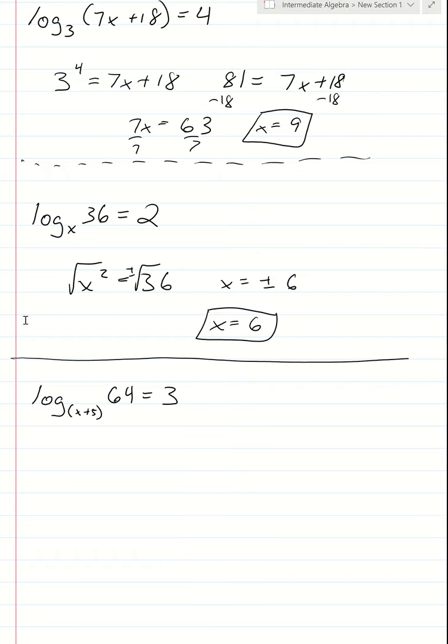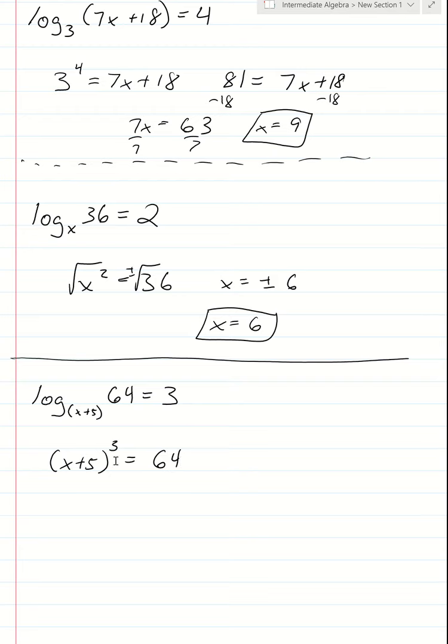Our base is a little bit more complicated, not just the variable x, but the algebraic expression x plus 5, of the number 64 equals 3. Well, now once again, we want to write this in exponential form. That would give us (x plus 5) to the third power equals 64.